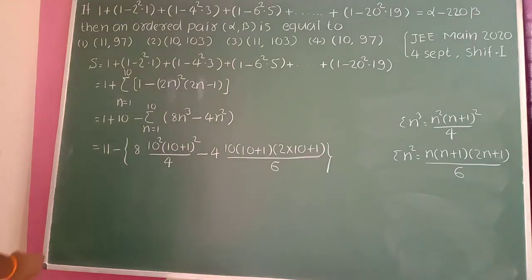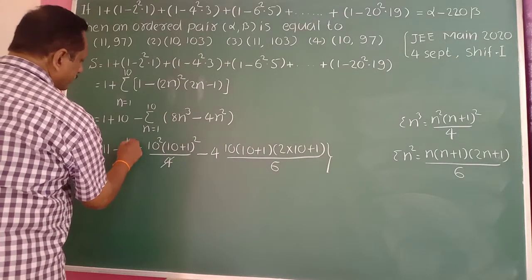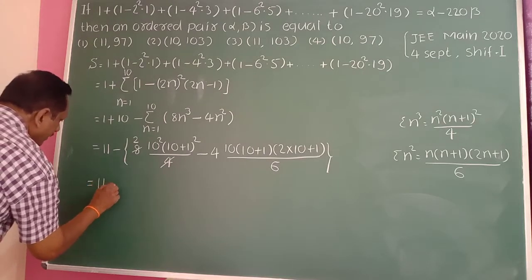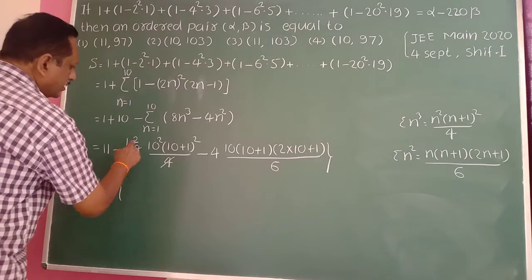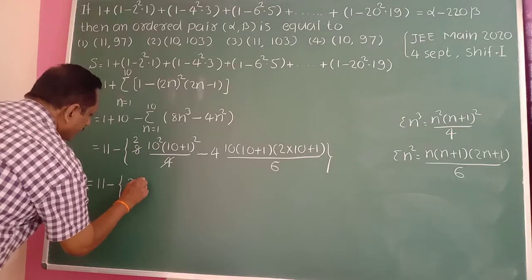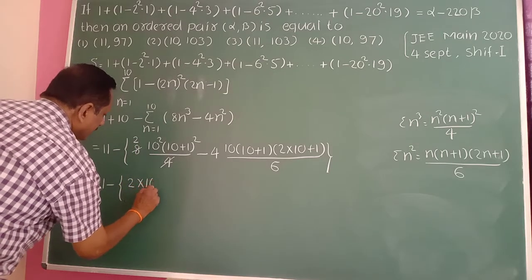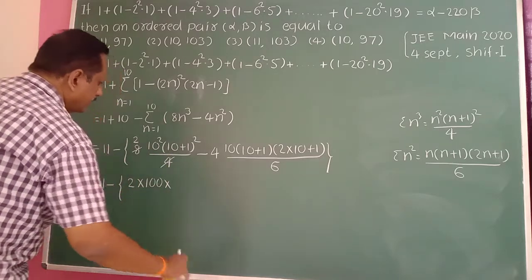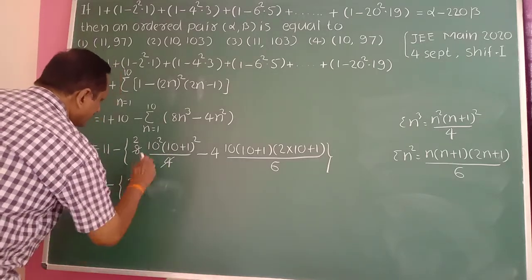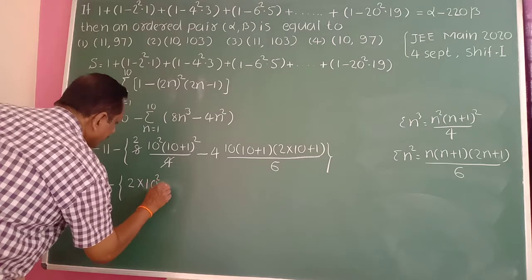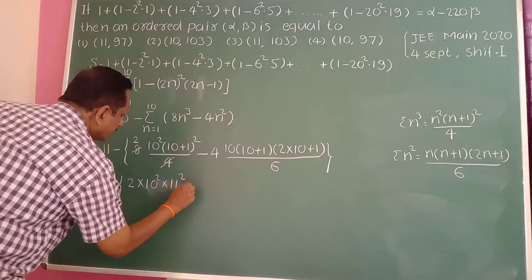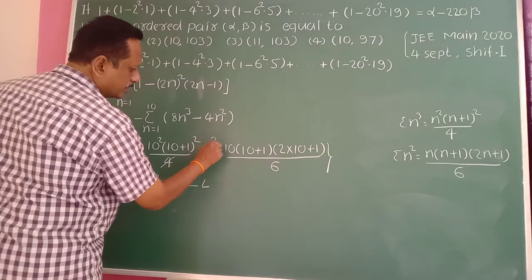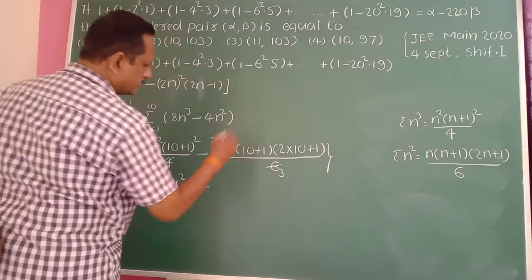Then 4 ones are 4, 4 twos are 8, cancels here. Therefore this is equal to 11 minus of 2 into 10 square is 100, 10 plus 1 is 11, 11 square. Therefore 10 square as it is into 11 square. Then minus, you can cancel: 2 ones are 2, 2 twos are 4, 2 threes are 6.